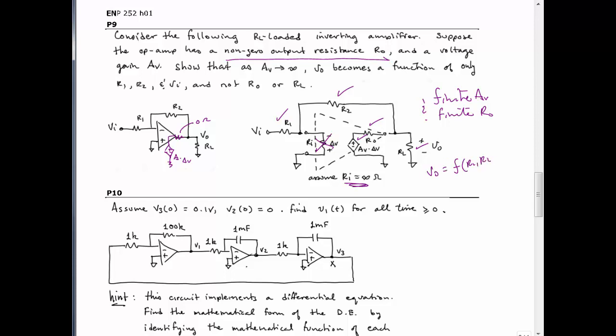So you are to find VO as a function of R1, R2, AV, and RO and RL. And then you are to show that as AV goes to infinity, the expression for VO no longer depends on R out. So you remember that I said that an ideal op-amp has infinite input resistance, zero output resistance, and infinite gain.